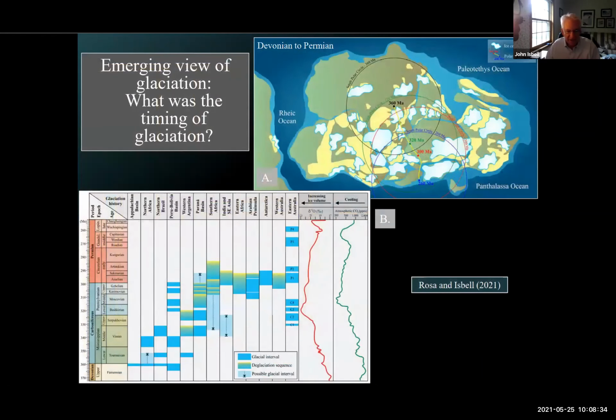Glaciation started in northern Africa and northern Brazil in the Devonian, and then extended across Gondwana throughout the late Mississippian into the Pennsylvanian, and then extensive ice in the late Pennsylvanian moving into the early Permian, and then ice disappeared across much of Gondwana and continued into the late Permian only in eastern Australia. Next.